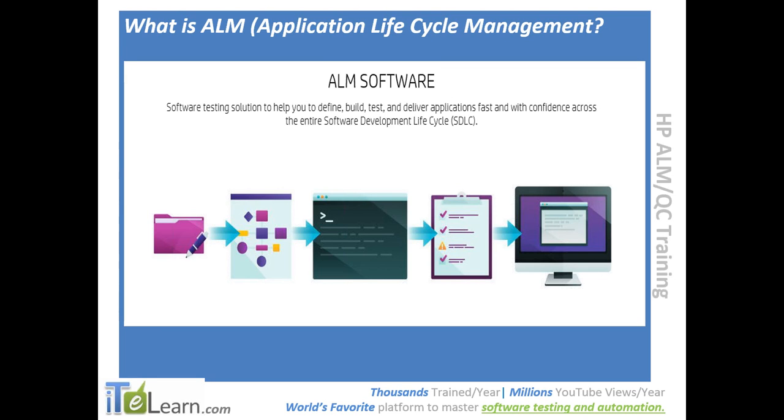So I'm going with a fair assumption that you guys have an idea about the typical software development life cycle, which will have different phases like the requirements phase, followed by design. During the requirements, once things are clear, you may have a prototype, and then you will go about coding or building the application. Then it comes for testing or validation, and then goes to UAT for the users to validate it.